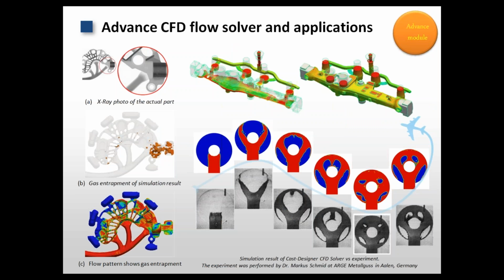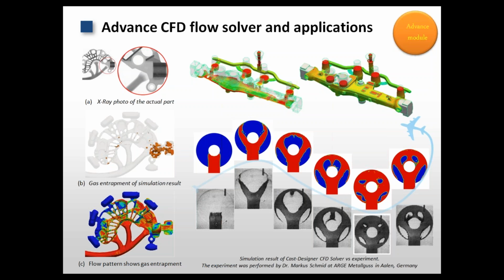The advanced CFD flow solver helps us get high quality simulation results in the feeding process, or the flow process. This is based on the FVM method, and the basic module is based on the FEM solver. So those are different solver technologies.